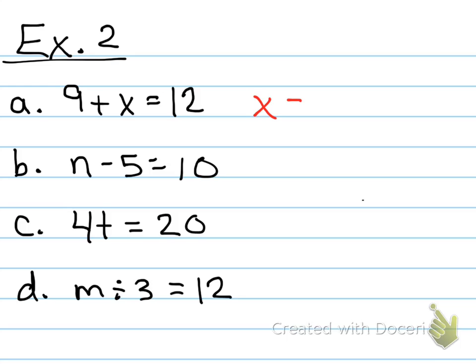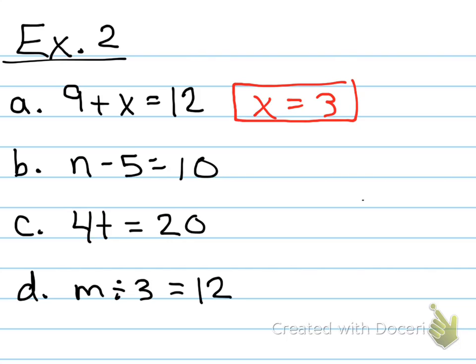It says 9 plus what number would equal 12? Class, what would it be? Just tell me. It would be 3. Okay, so in my answer, I would say x equals 3. That would be my answer. On your homework tonight, that's exactly what you need to do on the mental math problems. Write out the original problem and then say whatever variable it is, x, in this case, x would equal 3. That's the only value it can have to make the equation true.